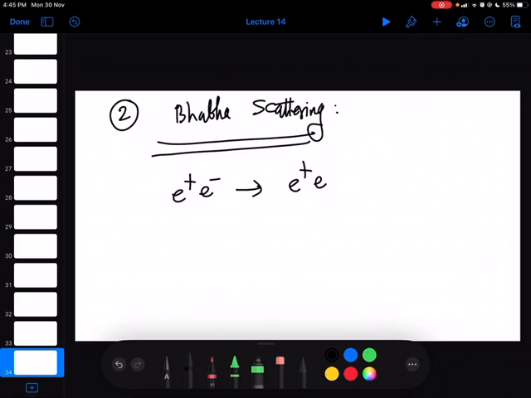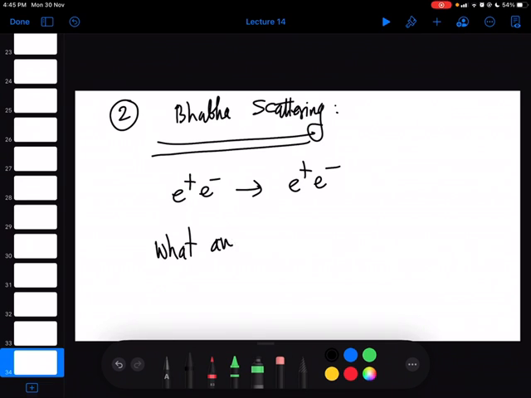This is e plus e minus going into e plus e minus. This also contains some diagrams which are called annihilation diagrams and some which are not. Now, if it had been a live class, I would have asked you guys to draw these diagrams.